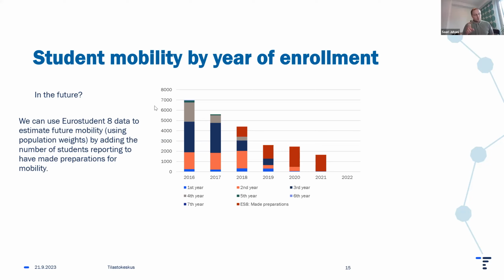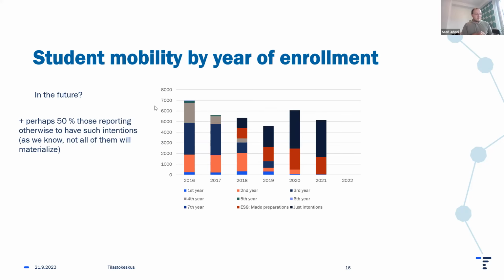We have the students who have intentions but have thus far made no preparations for studying abroad. I'm just gonna make an assumption that perhaps 50% of these intentions are eventually gonna materialize as outgoing student mobility, because it's not realistic to assume that everyone who just says that they have some aspirations for studying abroad is gonna do so.